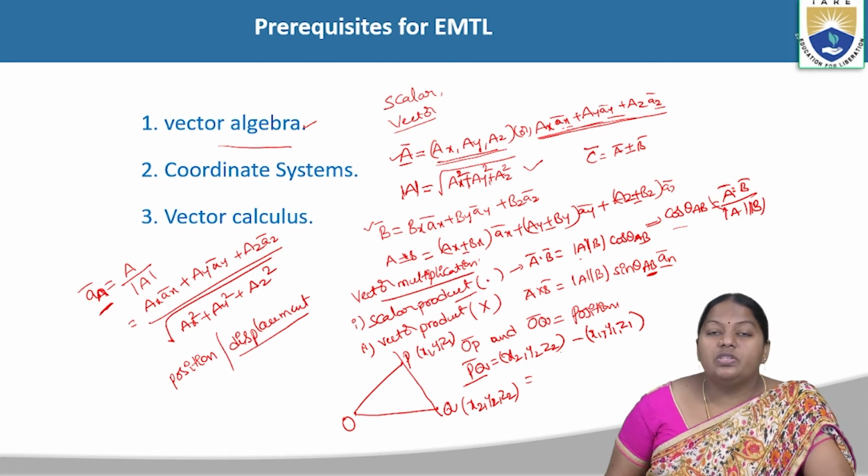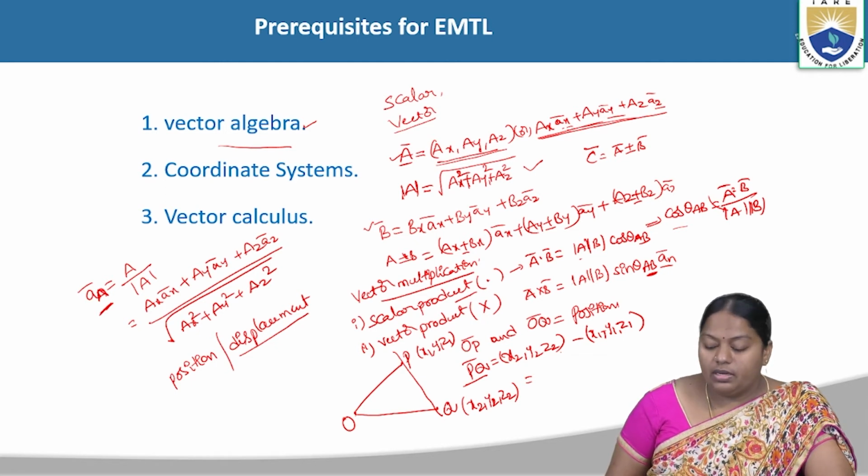The displacement vector is the vector that gives the distance between two reference points. If P is located at x1, y1, z1 and Q is located at x2, y2, z2, we find the distance between the two as we have seen just now.